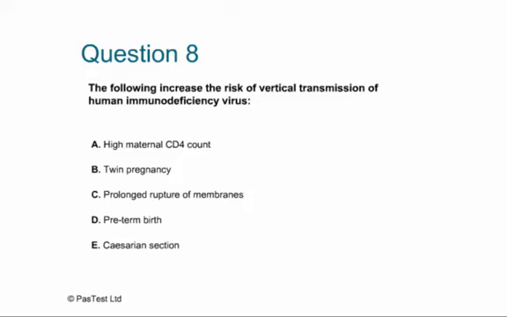With maternal antiretroviral treatment during the 3rd trimester and to the baby for the first 6 weeks of life, without these risk factors, vertical transmission can be reduced to less than about 2%. So the answers are prolonged rupture of membranes and preterm birth.